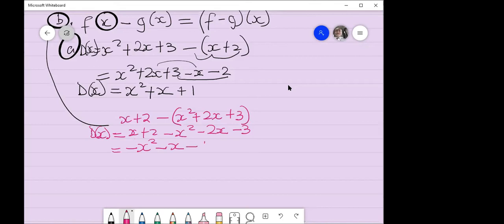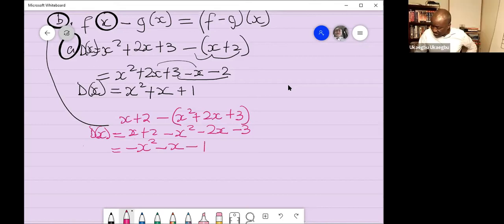Thank you. So this is d of x. So you can write your answer that way. On the other hand, you can also factor out the negative, because all of them have a negative sign. You can factor it out and say that you can have negative bracket x squared plus x plus 1. And that becomes your solution.